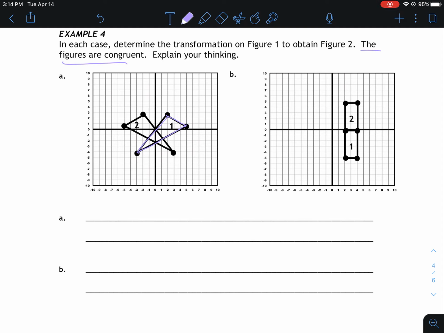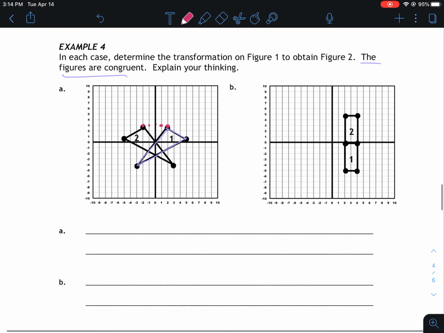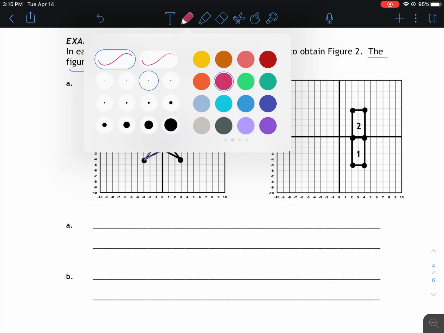So if we look at triangle 1, we can tell that this is 2 values away from the y-axis. Over here, it's 2 values away from the y-axis as well. If we look at this point here, we can tell the same thing.